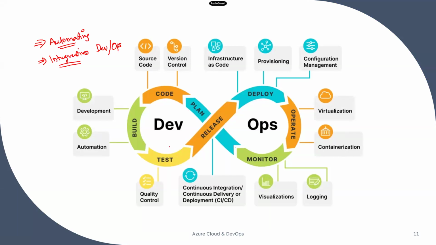So here you can see that we'll be building, testing, giving a release, then deploying, operating. Operating means we will be virtualizing, and we will be monitoring, and then we'll be planning it again, coding it again, building. So it's kind of repetitive, right? We can call it a loop.